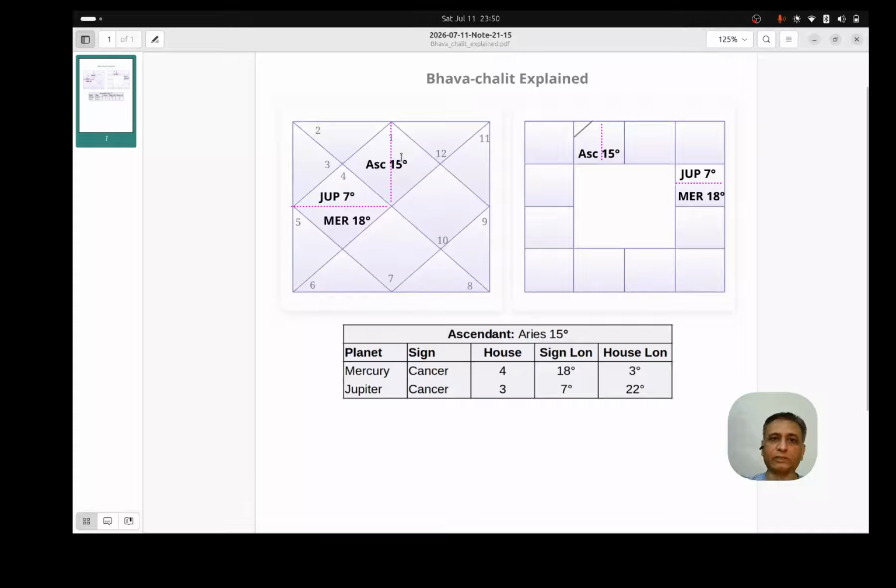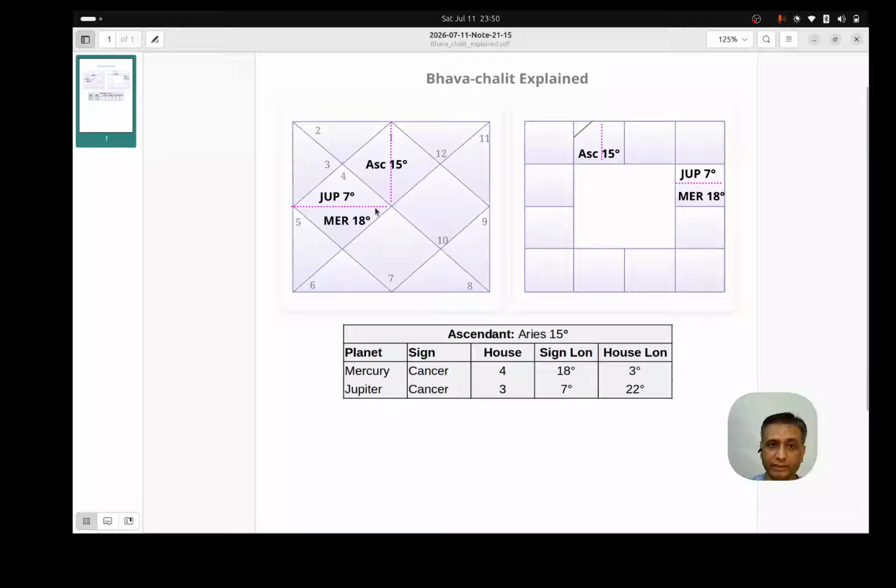Okay. So in a typical equal house method, to keep things simple, if the rising degree is at 15 degrees, then in the fourth sign from it, in this case Cancer, till this 15 degrees of Cancer, you have the third house.